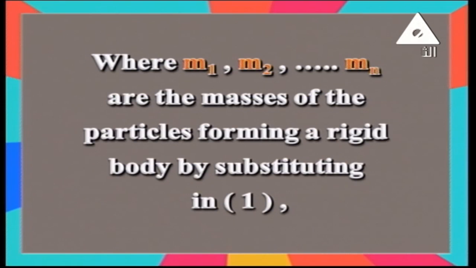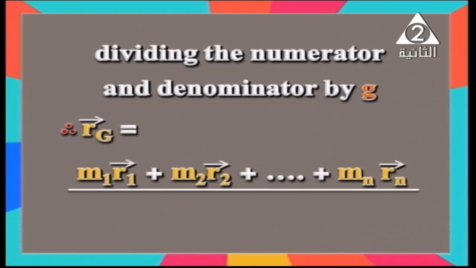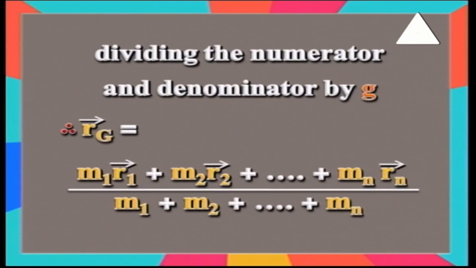By substituting in equation 1, we deduce that, dividing the numerator and denominator by g, the gravity force, Rg equals M1 R1 plus M2 R2 plus Mn Rn over M1 plus M2 to Mn.